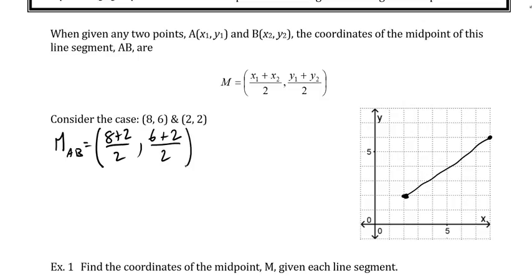What am I doing when I add the x values together and divide by 2? If I add 8 and 6 and divide by 2, what do I get? 8 plus 6 is 14. Divided by 2 is 7. 7 is the middle of 8 and 6. I'm finding the middle of the x values. It's like taking an average.